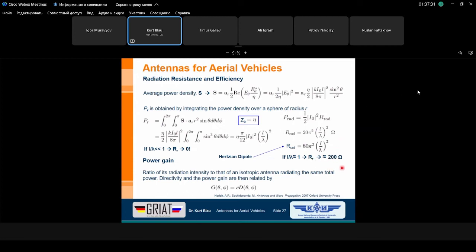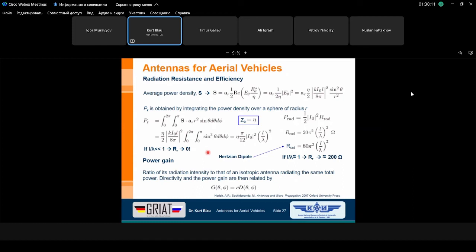Okay, only as a warning, you cannot use the formula we have developed for a Hertzian dipole, or in the near of a Hertzian dipole, and insert a length of the dipole of 1 wavelength. Why? Remember, all the time, and this I will show in the next slides, we discussed the current distribution.